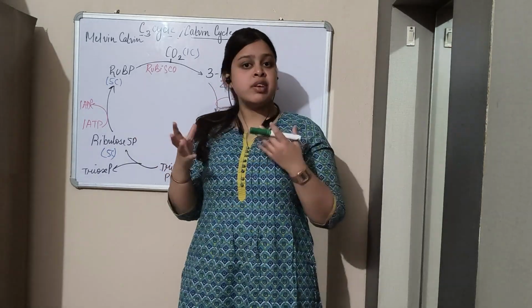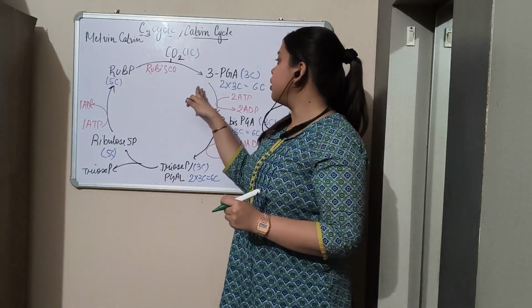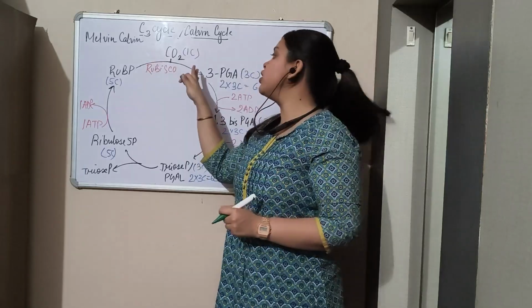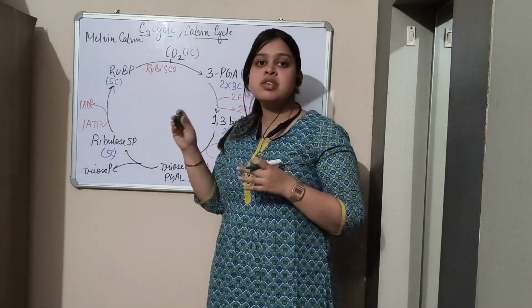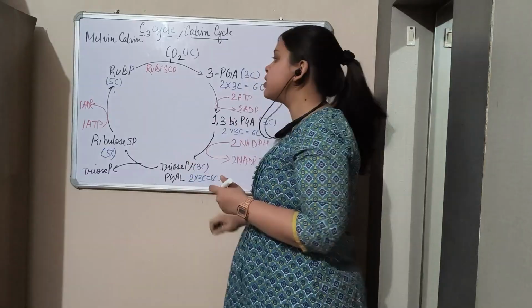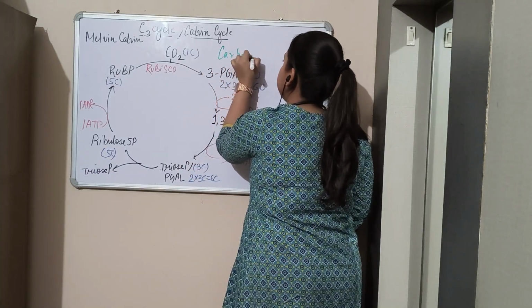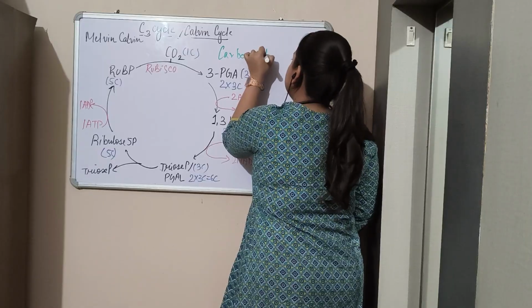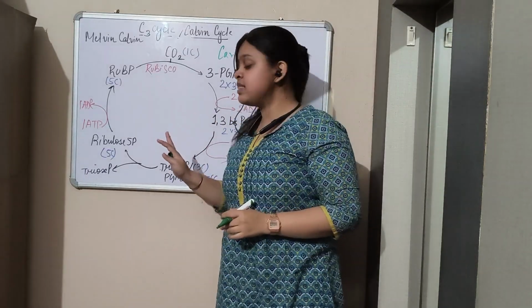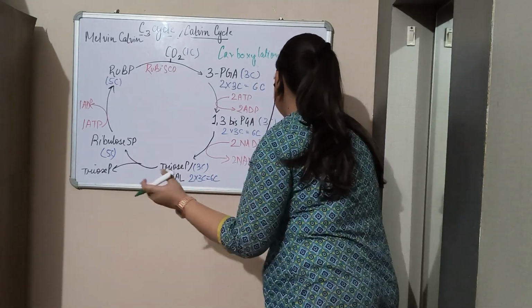Now, the events that I was talking about in the C3 cycle: the RuBP molecule is fixing the CO2 molecule and the 3-PGA, the first stable product of the C3 cycle, is being formed. This is the carboxylation where the CO2 molecule is getting fixed. So this is the carboxylation step. Next, 1,3-bisphosphoglyceric acid is getting reduced into triose phosphate or phosphoglyceraldehyde, an aldehyde molecule.